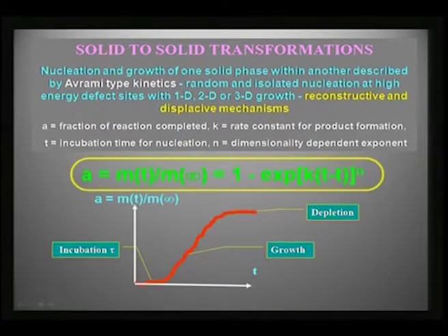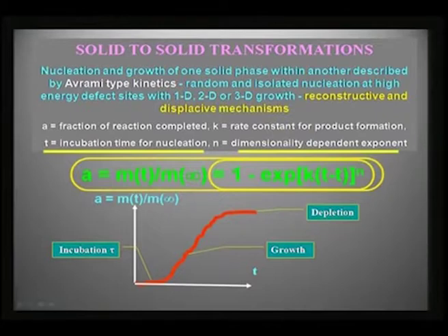The expression for Avrami kinetics is based on this expression, where the fraction of the reaction that is completed is equated to this exponential term, that is 1 minus e to the power minus k(t minus tau) whole power n, where tau is the incubation time for nucleation, n is the dimensionality dependent exponent and k is the rate constant.